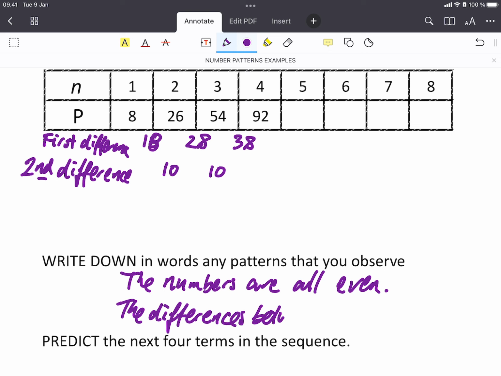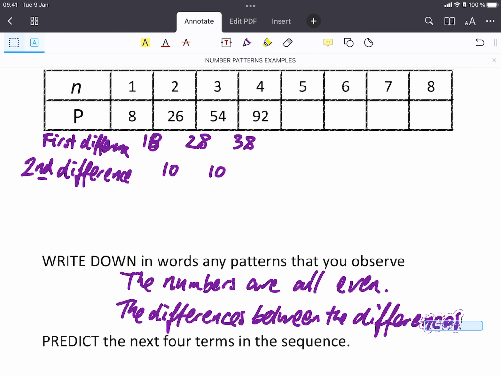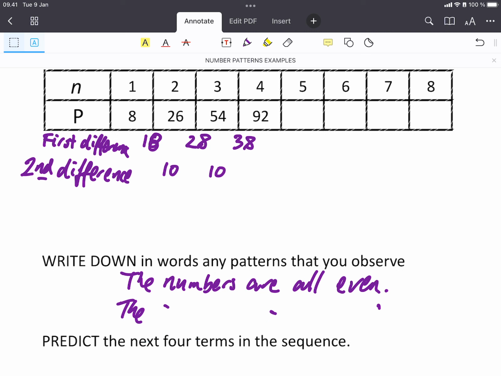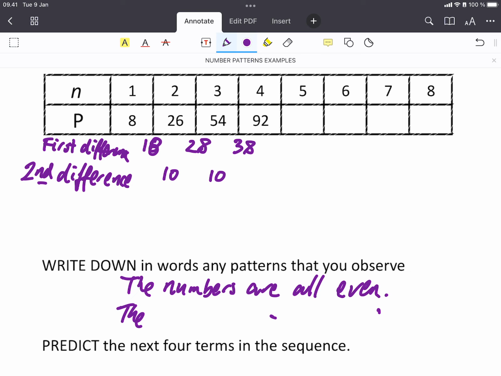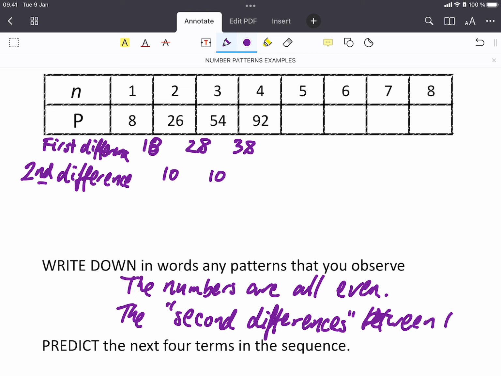The second differences between terms are always 10.